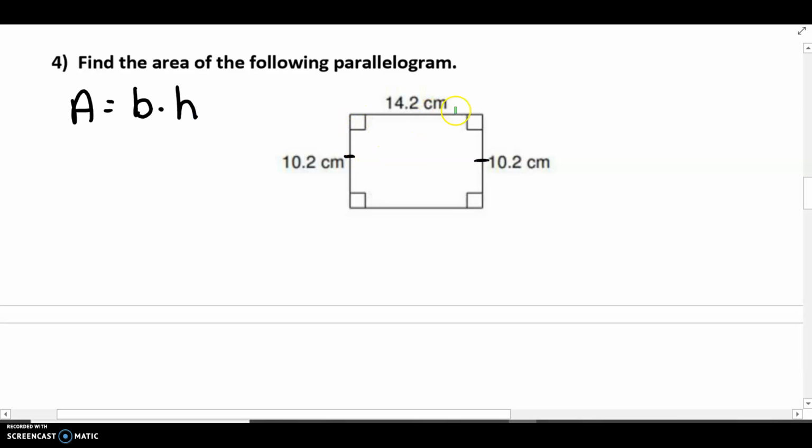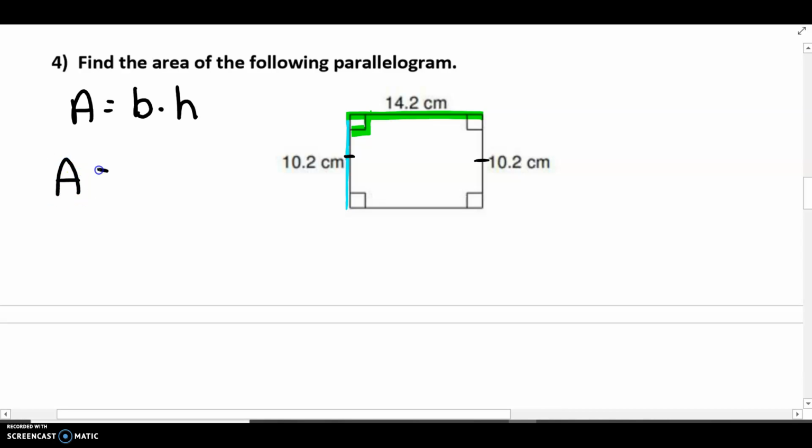Let's say I make that my base. I look at what it's perpendicular to, and although it also is a side of the shape, I can consider that my height. As long as the base and the height are perpendicular, I'm good to go. And the base, at the very least, must be a side of the shape. The height might be the side of a shape.